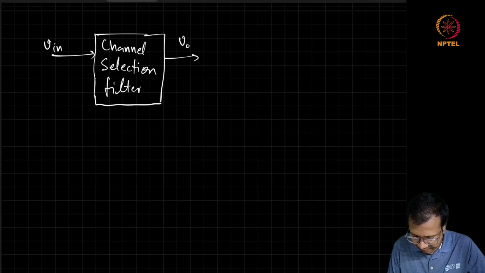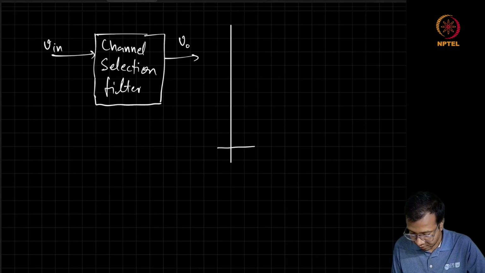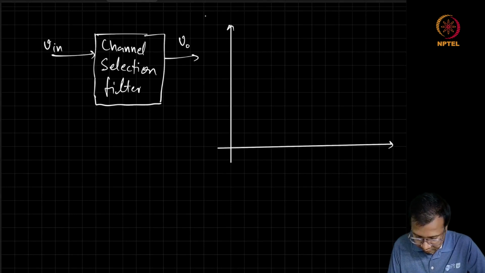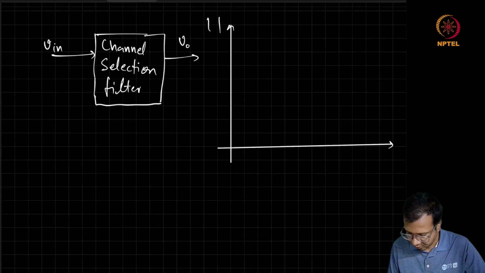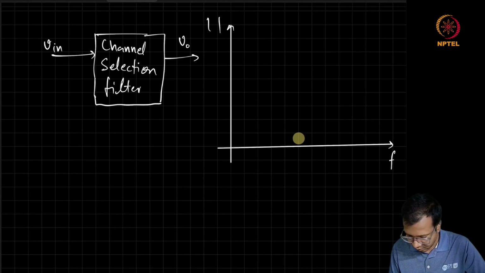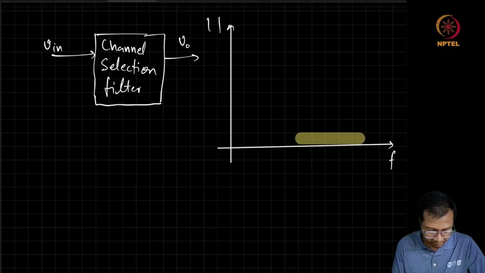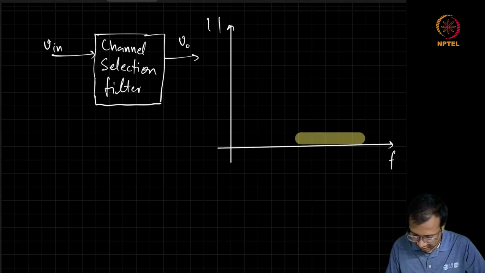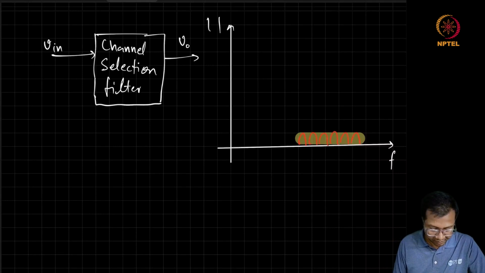let me show the spectrum of the input signal along with signals in the other channels. So here we are concerned with only the signal in one band, which has multiple channels.